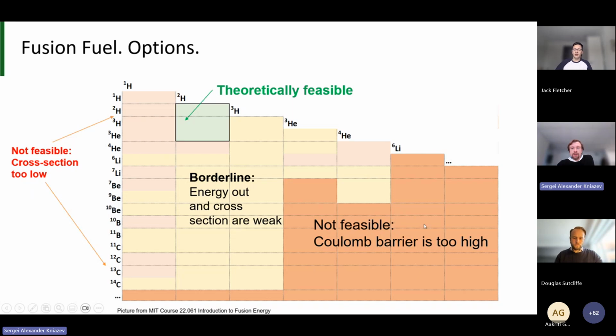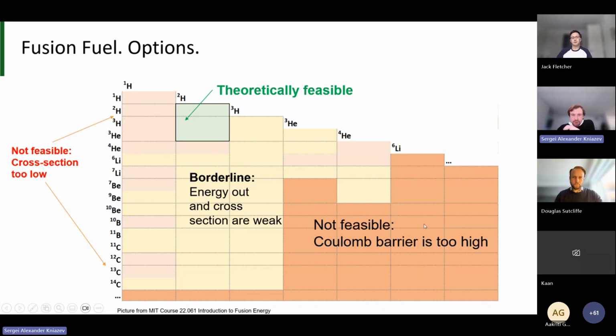The Coulomb barrier is too high, so fusion is impossible. In this part the reaction cross section is too low, so fusion is impossible. So theoretically feasible is only a small set. It's only several reactions, which we will take a look at on the next slide.